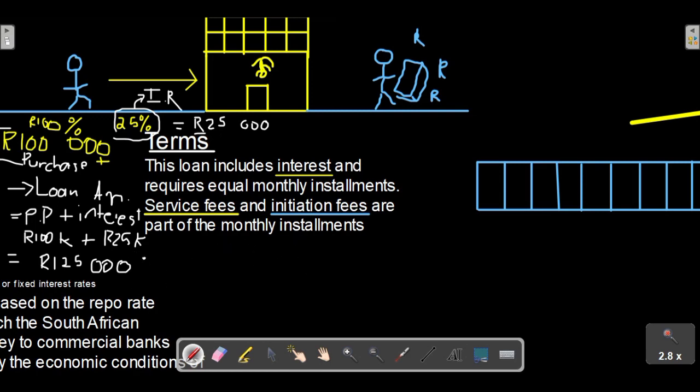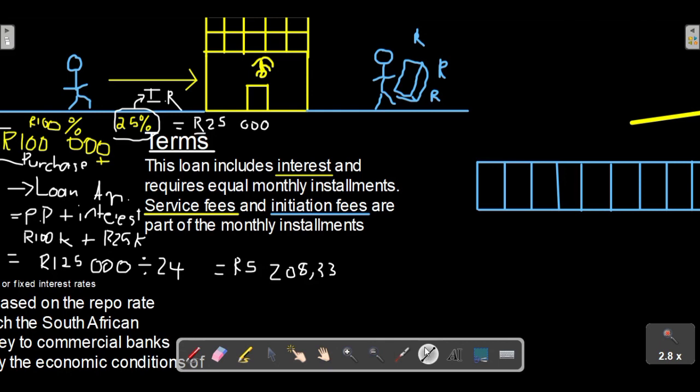So they'll divide this by 24, such that every month you would have to pay 125,000 divided by 24. So each month you are paying 5,208.33. So this is the monthly installment, right?